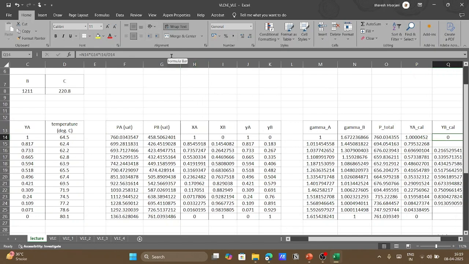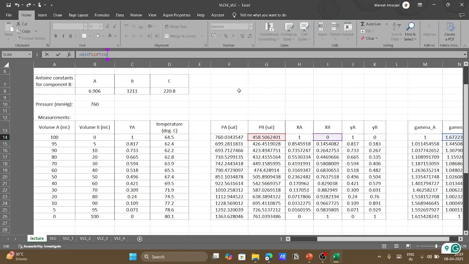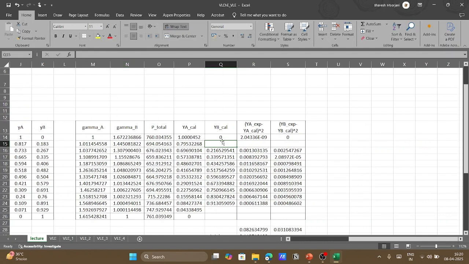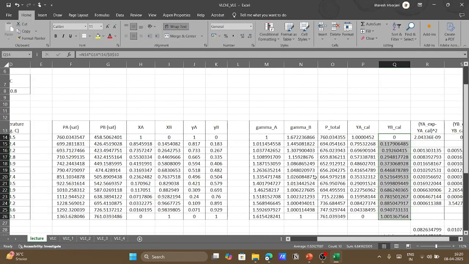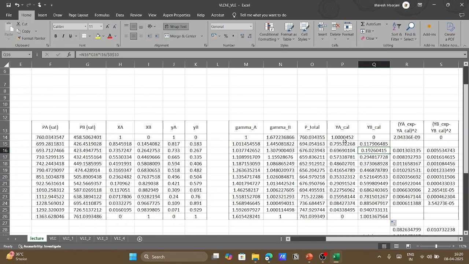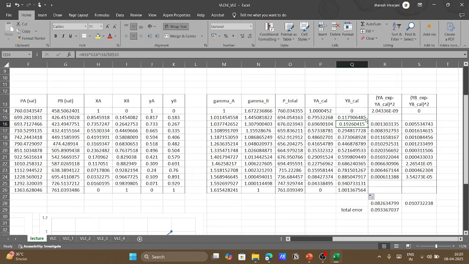Similarly, you can compute this data. So this is YA and YB computed from the theoretical model. So here you can see both sides it's going greater than 1. That means our guess value is not correct.